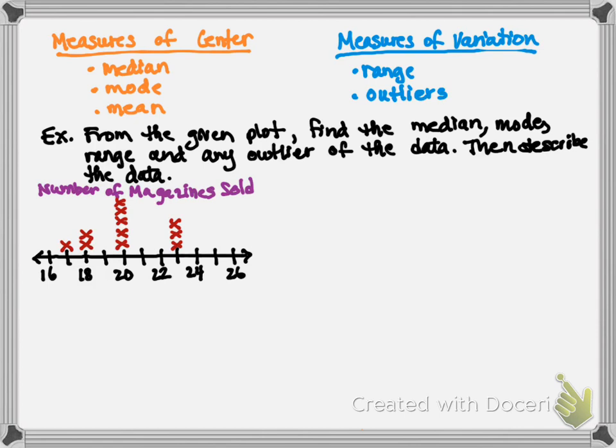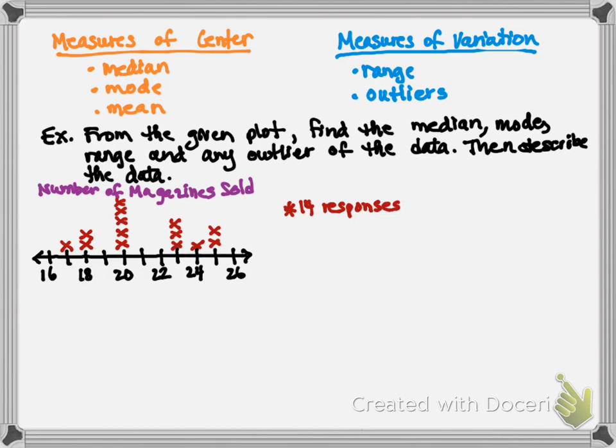We're going to have 1 at 24. And we're going to have 2 at 25. Okay? So I can tell from here that we had 14 responses, because there's 1, 2, 3, 4, 5, 6, 7, 8, 9, 10, 11, 12, 13, 14 X's.